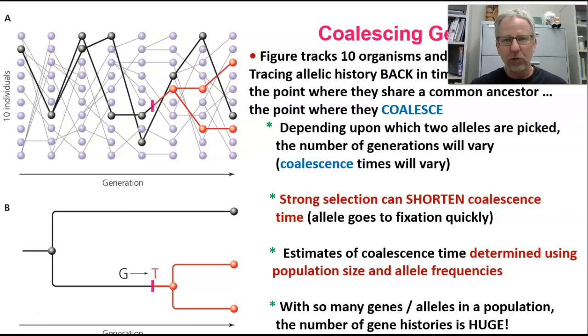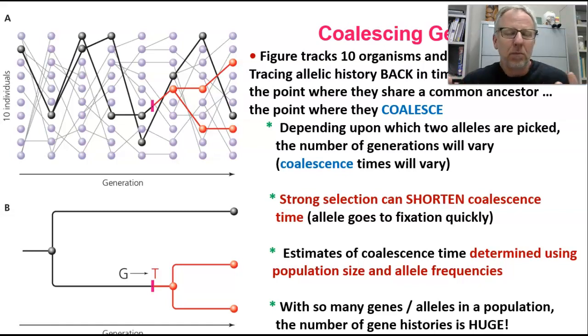If selection is strong, that can happen quickly, and you have a short coalescence time. How do we estimate coalescence time? Well, just verbally here, without showing you the mechanics, the mathematics, it's determined by considering population size and allele frequencies. Both of those components figure into estimating coalescence time.